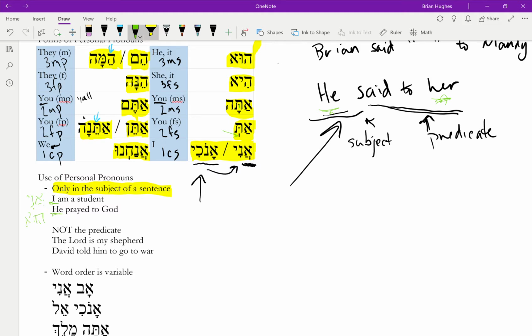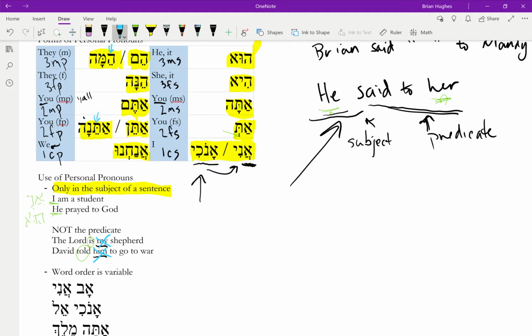So they're not going to be in the predicate. I gave us some examples here of English pronouns used in the predicate, so they come after the verb, which here is "told." So we're not going to find these pronouns that we just learned in the predicate part of the Hebrew sentence.